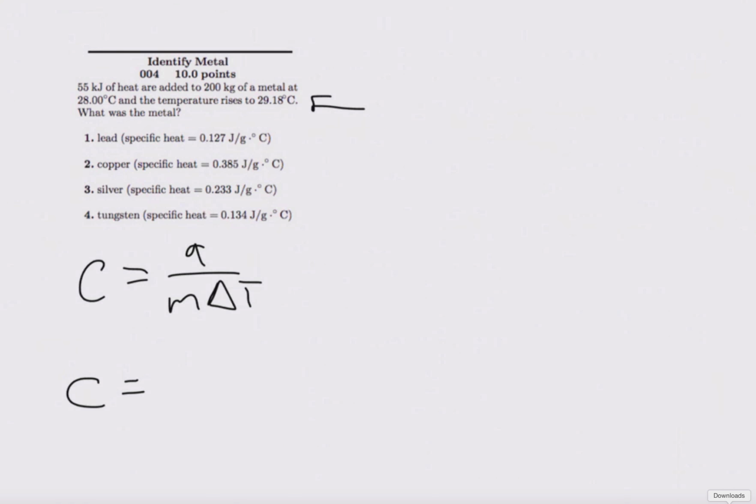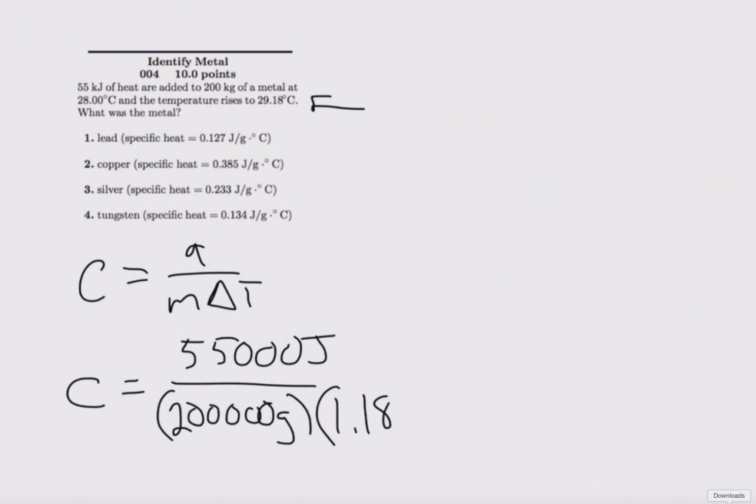So the specific heat is equal to the amount of work, 55 kilojoules, or 55,000 joules, divided by the mass, which is 200 kilograms, or 200,000 grams, times the temperature change, which is the 1.18 degrees Celsius.